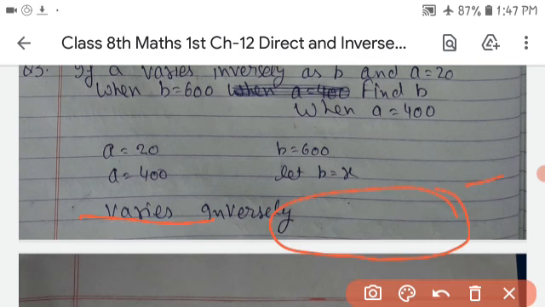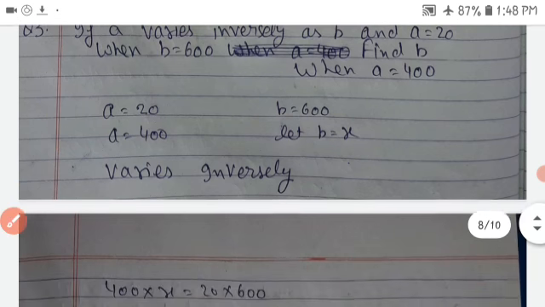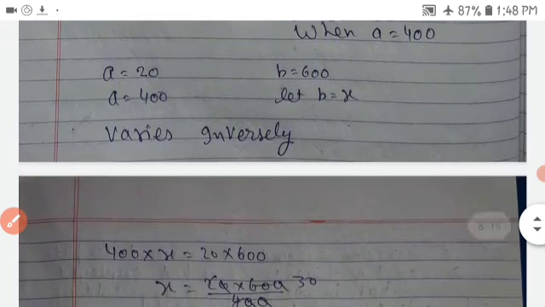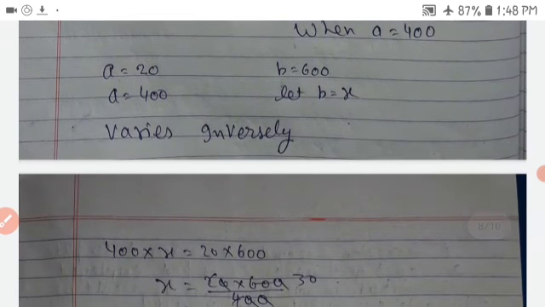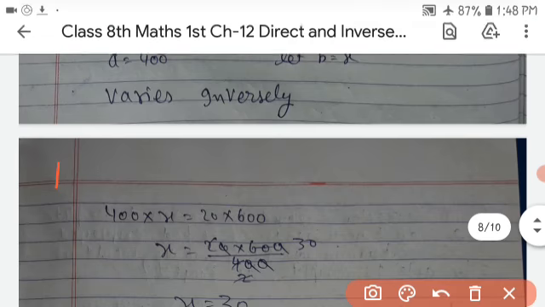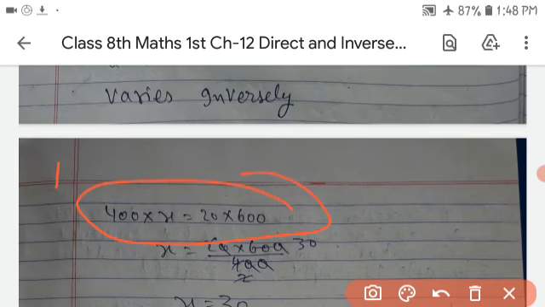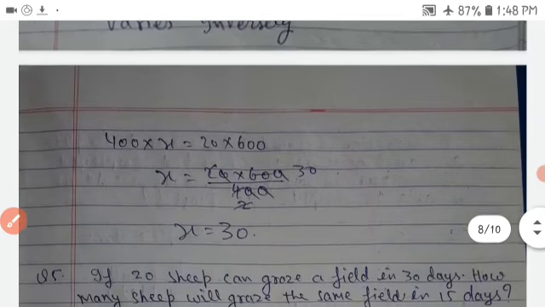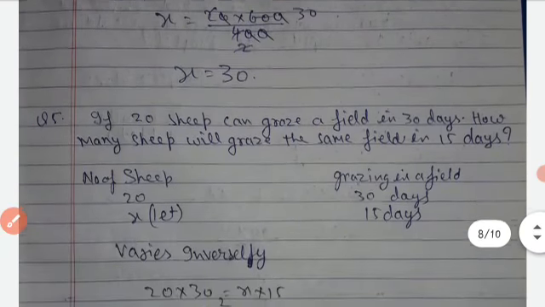Let B be equal to X. Since they are inversely related, 400 into X is equal to 20 into 600. Now X is equal to 20 into 600 upon 400. So the value of X is equal to 30.